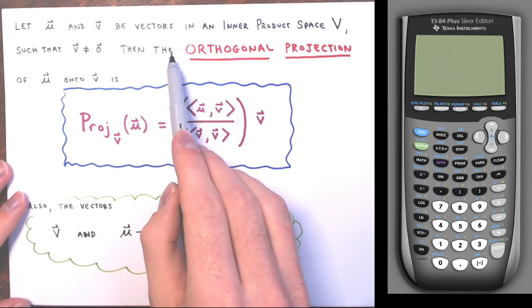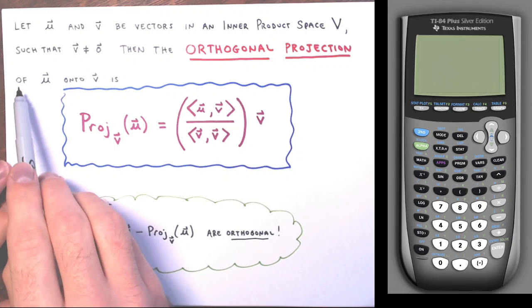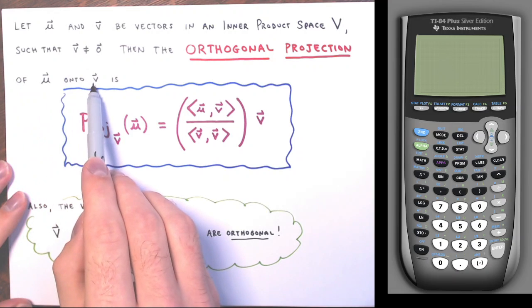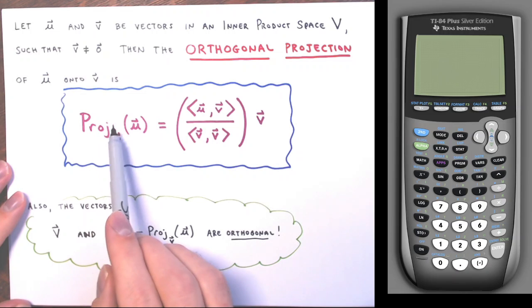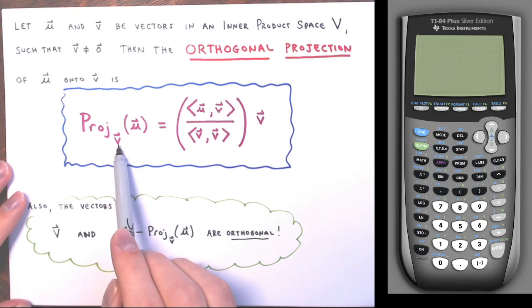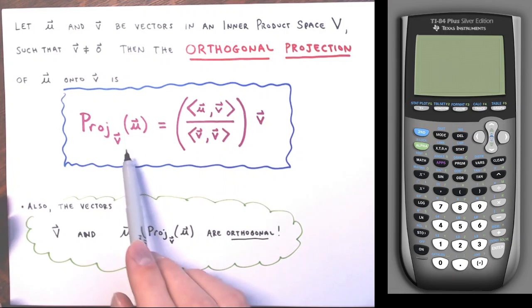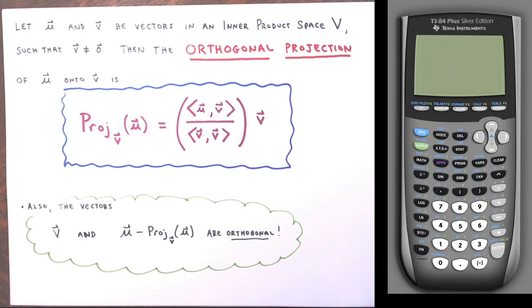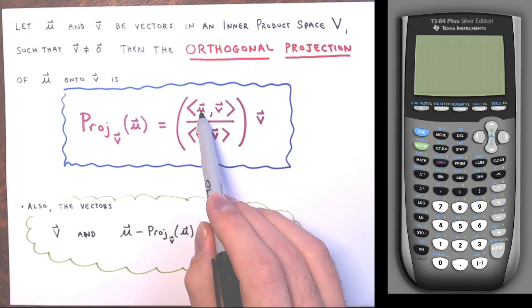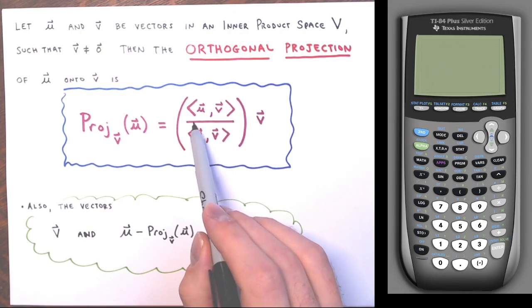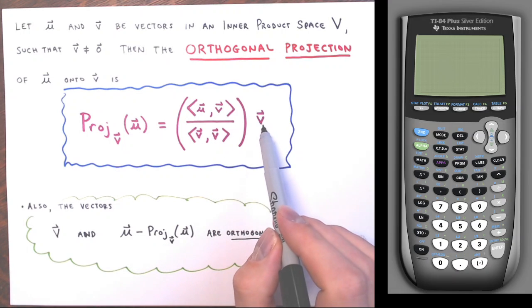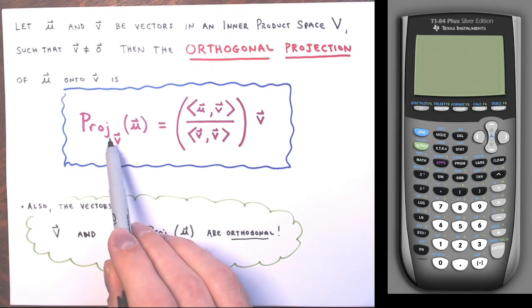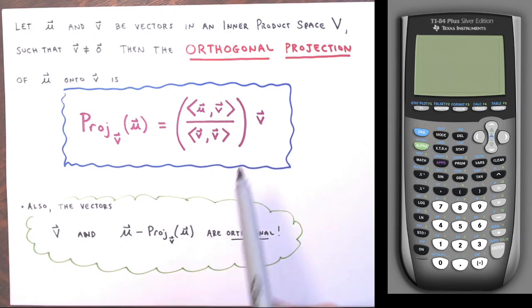Then the orthogonal projection of vector u onto vector v is, notated the same way, proj of u onto v, equals a scalar multiple of v. And that scalar is the inner product of u with v in the numerator divided by the inner product of v with itself in the denominator, and then times vector v.